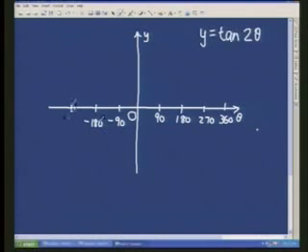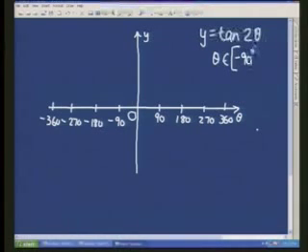In the examination, you are told between which two numbers on the horizontal axis you need to sketch the graph. So they would say to you, sketch the graph of y equals tan 2 theta for theta an element of minus 90 to 180, or any other interval that they want.